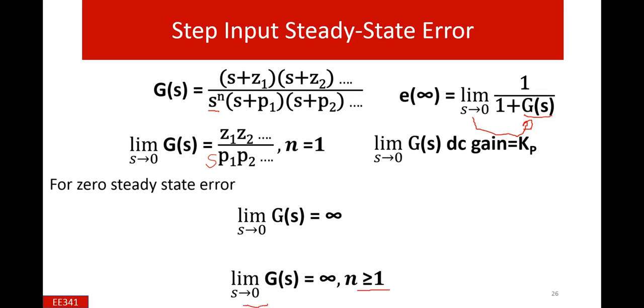And similarly, the steady state error is 0 for n equal to or greater than 1. So this is the important result that we observed here.